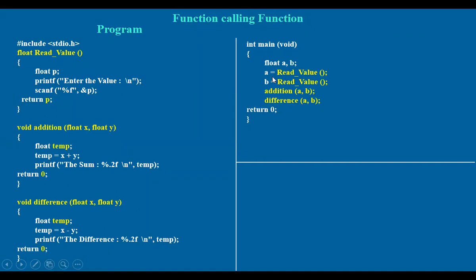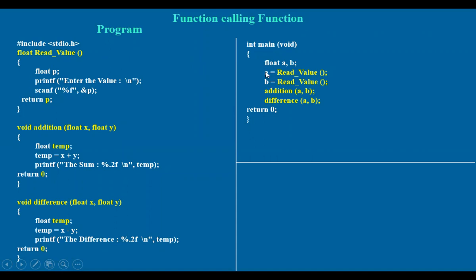A is equal to read value. That means it has taken the read value from this function, and this P is returned, and that value is assigned to A. Similarly, this function is called again, and that value is assigned to B. That means we got these values A and B.